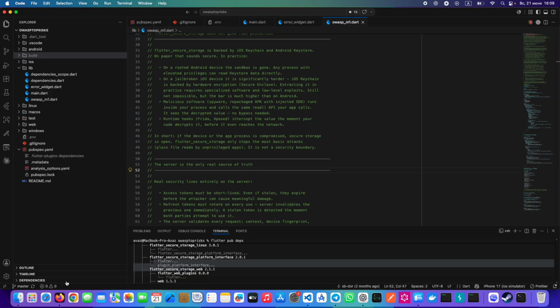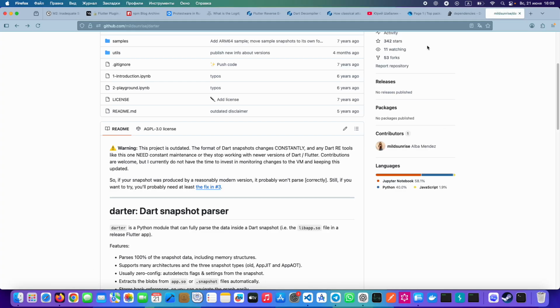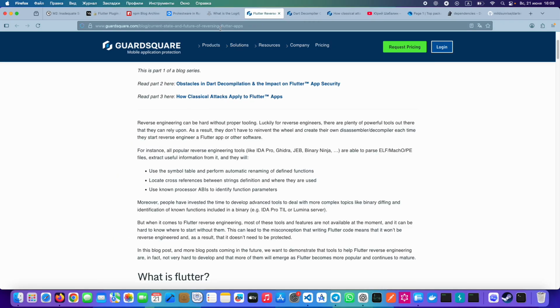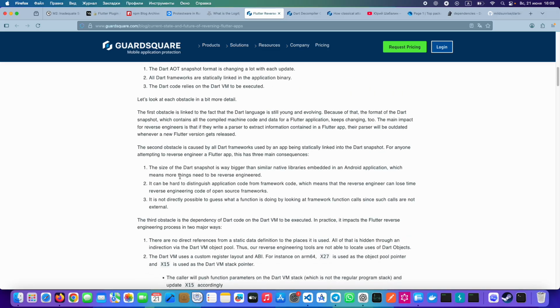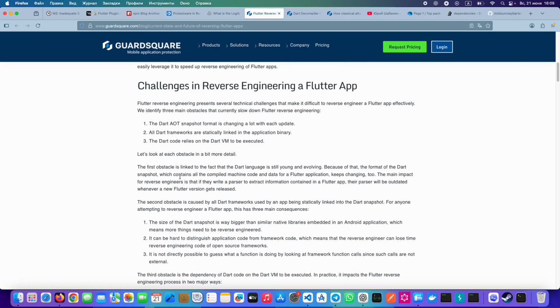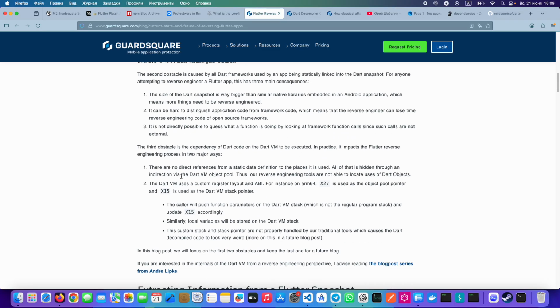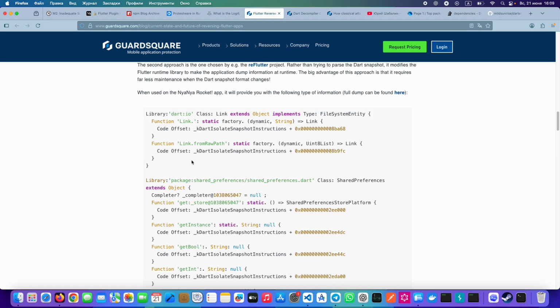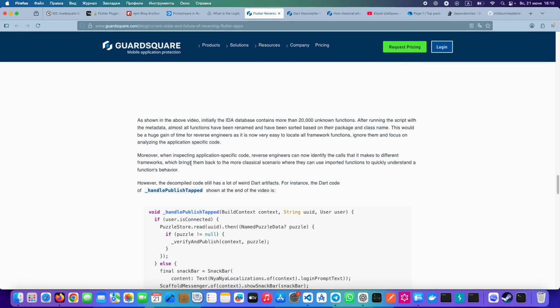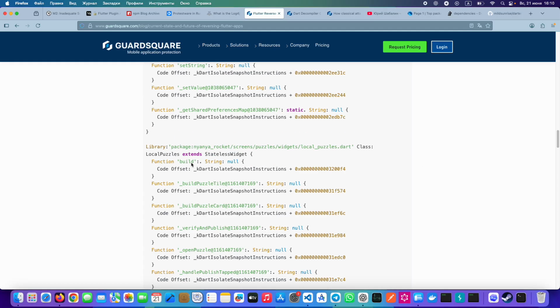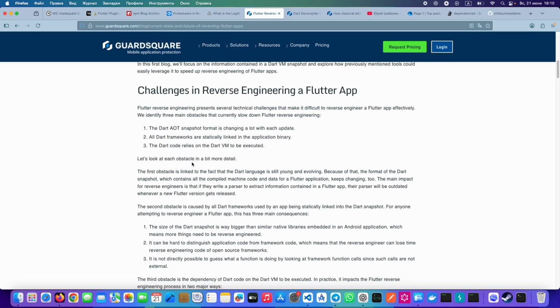So back in the days, there was a myth, I would say. They would say that a Flutter application couldn't be reversed since it's converted to machine code, you know. But it's not true. If you go and check out this article, you would understand a lot of things about Flutter engineering.